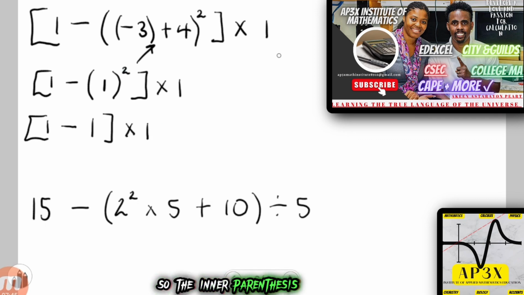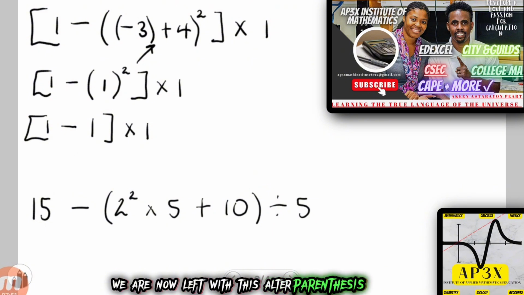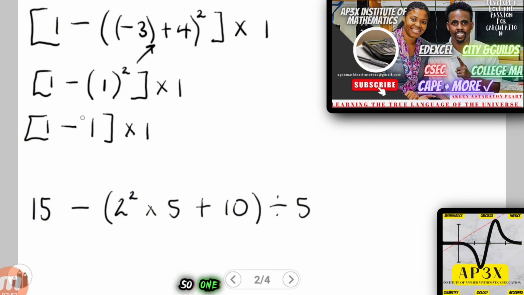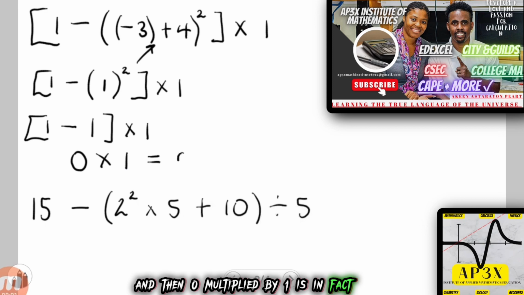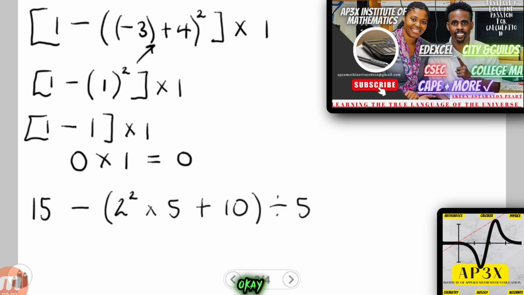So the inner parenthesis is gone and the exponent is now gone. We are now left with this outer parenthesis. So 1 take away 1 is 0, and then 0 multiplied by 1 is in fact 0. Okay, so nice little start off question there.